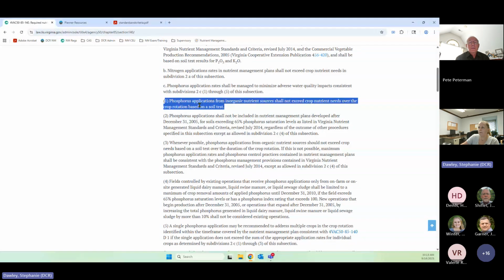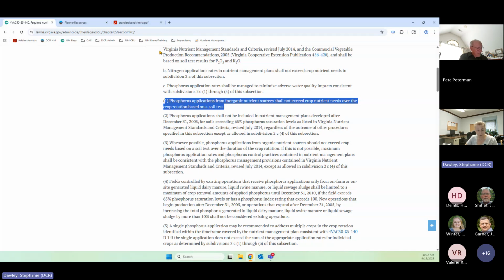But then you jump down because it says sections 2C, 1 through 5 of this subsection. The first one is that applications from inorganic nutrient sources shall not exceed crop nutrient needs. If you're working with a commercial fertilizer, an inorganic nutrient, you are not over applying that phosphorus, which makes sense.